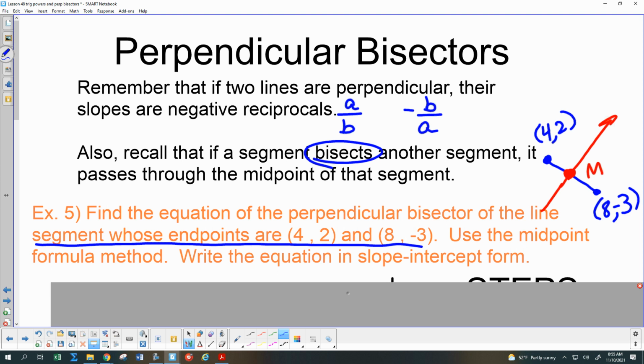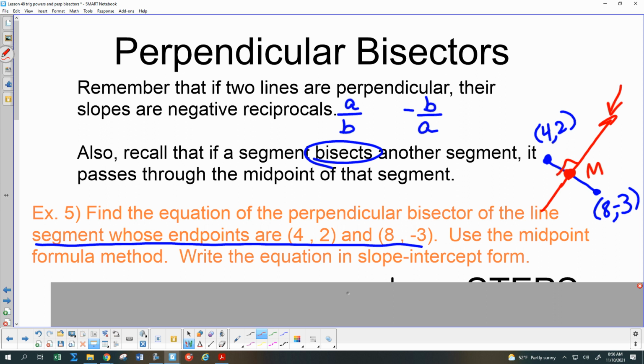So I drew a segment that went between there. A line does not have a midpoint because if it goes forever, you don't know where the middle is. You've got to know where it stops and starts to be able to know where the middle is on that. So then I need to have that midpoint, and then I'm trying to get this perpendicular line, and that's what I want to end up with as an equation for the red line. So I got the idea of what they're asking us.